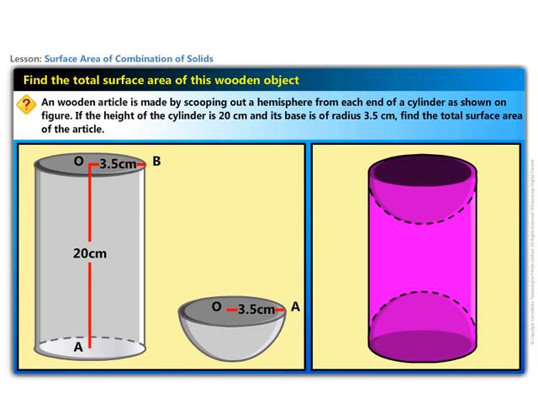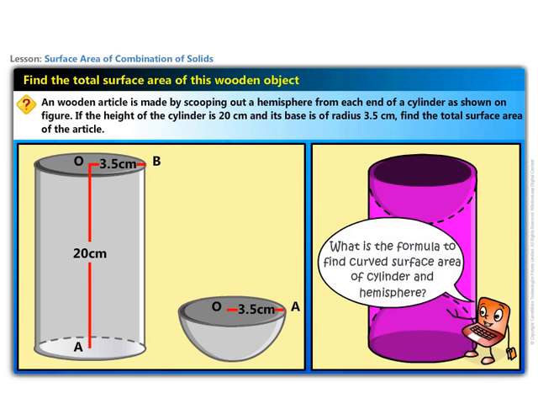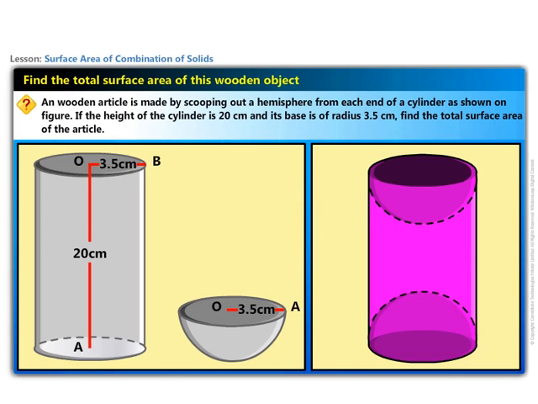Here, the wooden article is made up of a cylinder and two hemispheres. So, its total surface area is the sum of the surface areas of the cylinder and the two hemispheres. What is the formula to find the curved surface area of a cylinder and a hemisphere? We know that the curved surface area of a cylinder is equal to 2πrh and that of a hemisphere is equal to 2πr².